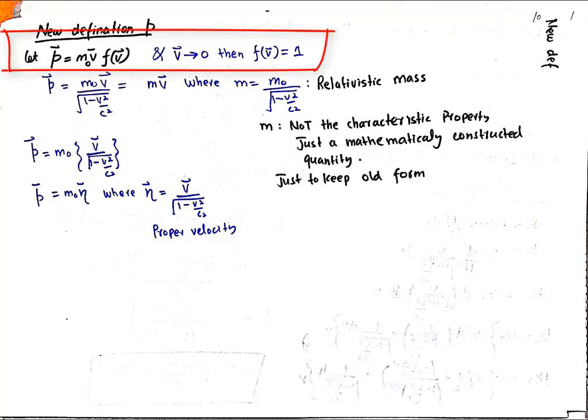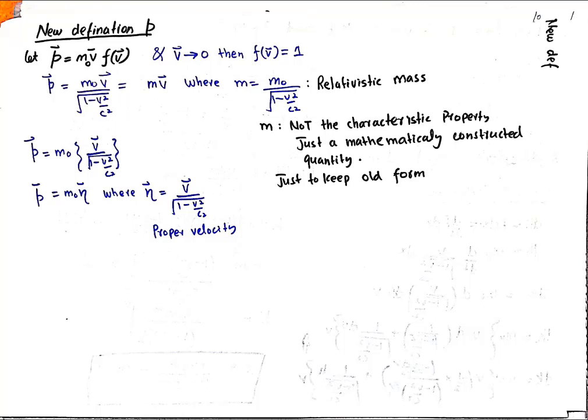So now this is our new definition. Momentum is equal to mass times velocity, which is our old definition, but now we are multiplying another factor, f of v, and we choose this f of v such that when the velocity becomes 0, this factor goes to 1, which means that at the low velocity regime we get our old definition, because this is a very good definition.